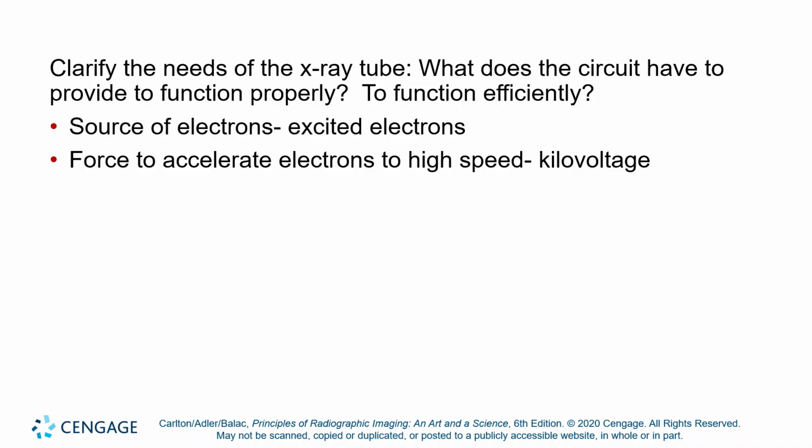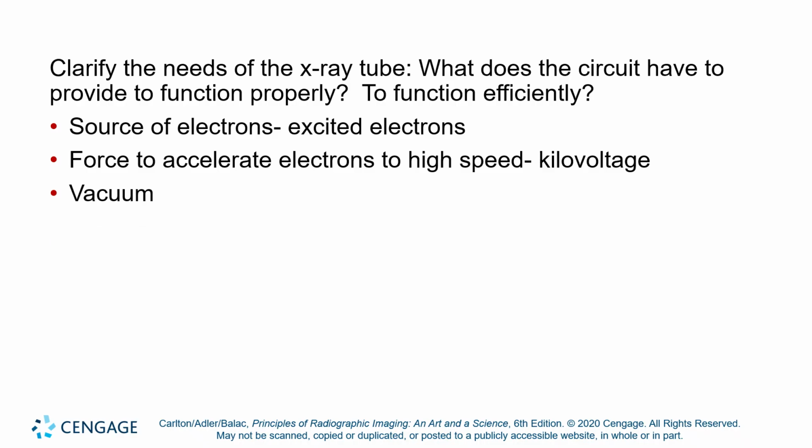We also need a force to accelerate those electrons to high speed. That is the push or the pull on the electrons. It's the sum of all Coulomb forces acting on the electrons. That is the kilovoltage. That's coming to us from the step-up transformer, the high voltage transformer.